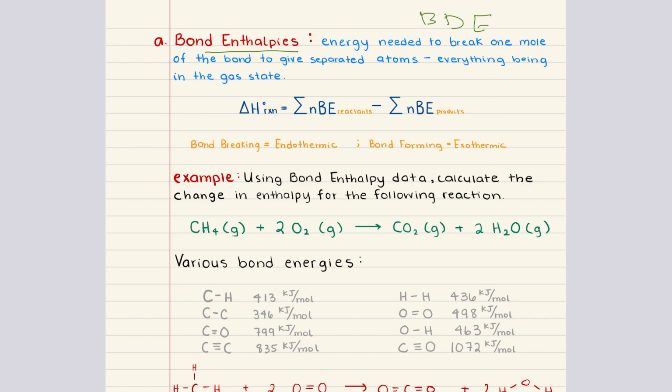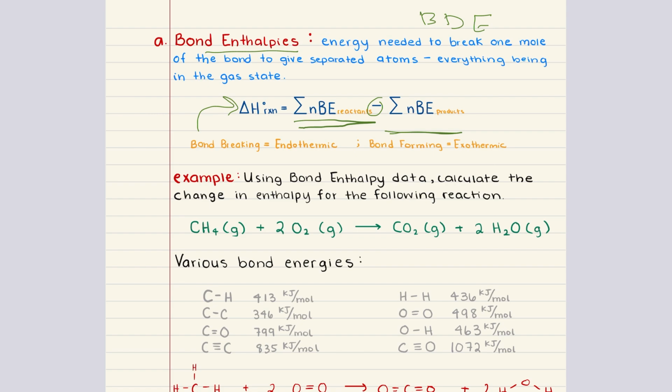To calculate the enthalpy change of a reaction using bond enthalpies, we use the following formula. This equation tells us that we're going to sum the bond enthalpies of all of the bonds broken in the reactants, which requires energy, and then subtract the sum of the bond enthalpies for all the bonds formed in the products, which releases energy.